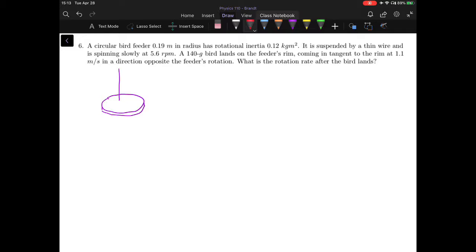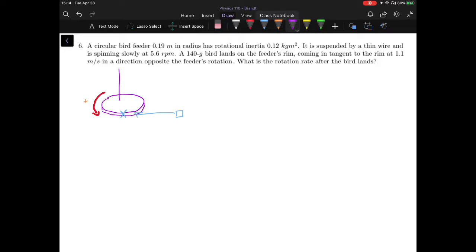All right, for problem number 6, we have our bird feeder here. It's going to be spinning around. We're going to define that as positive. And then we have our little bird, and our bird is going to fly in here with some velocity and land right on the edge of our bird feeder. So in this case, we have another problem where we have a couple things happening.